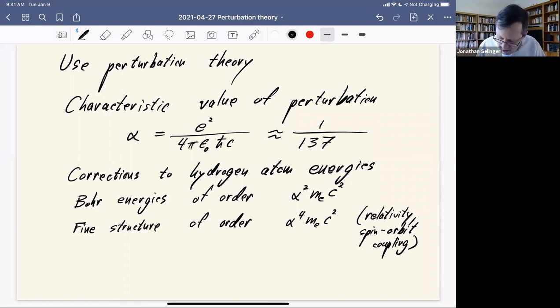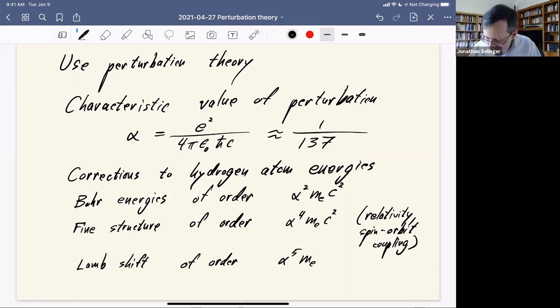And then there are even more precise calculations. There's something called the Lamb shift, which is of order alpha to the fifth times mc squared, which comes from a quantization of the electric field.